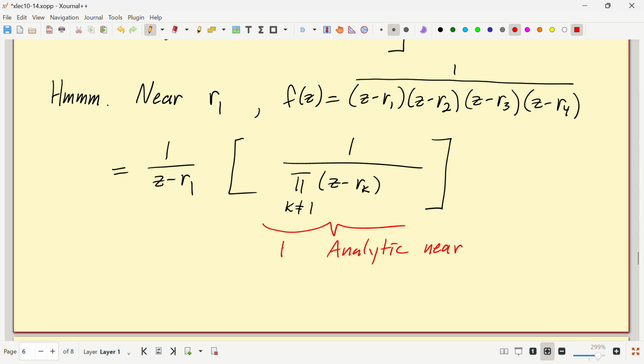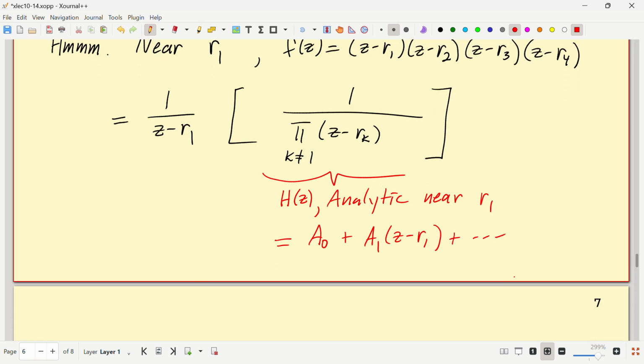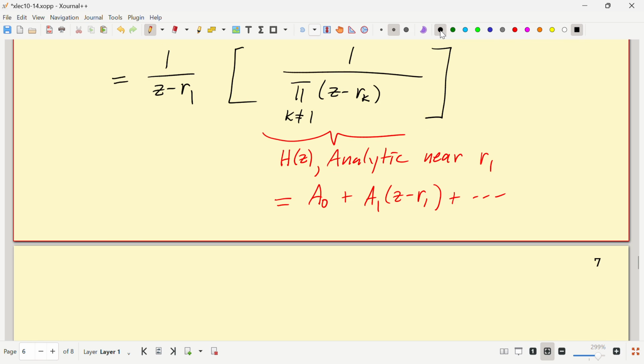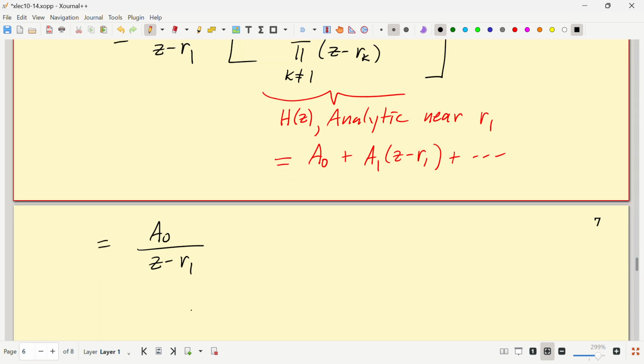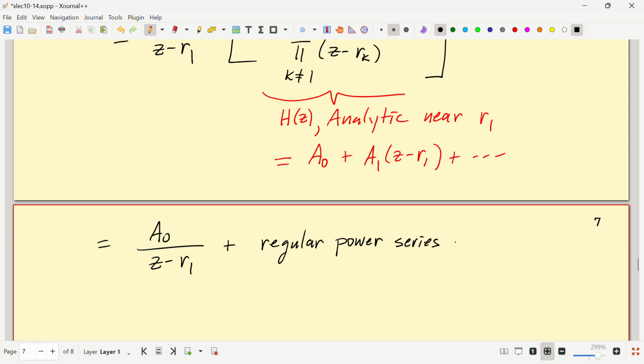Let's call it h of z. H of z is analytic near R1, and it would have a power series expansion, a naught plus a1 times z minus R1 plus etc. And when I multiply through, this is the algebra part, I would get a naught over z minus R1, and all the rest of those things would be a regular power series, plus regular power series terms in powers of z minus R1.